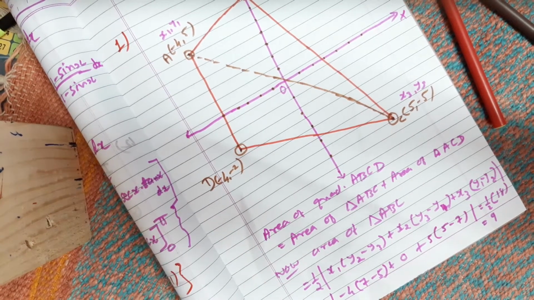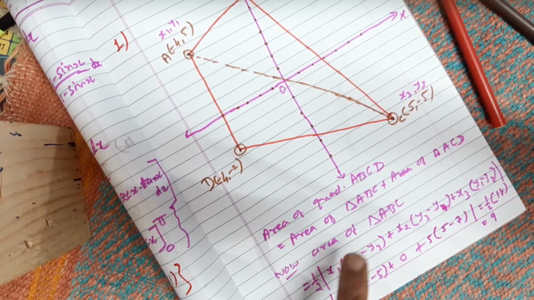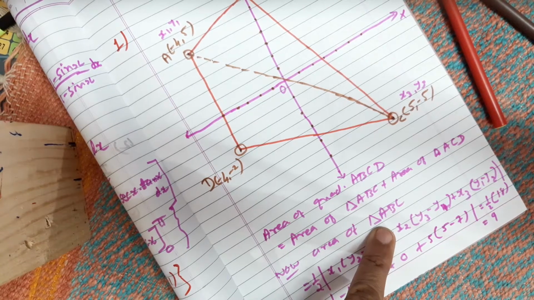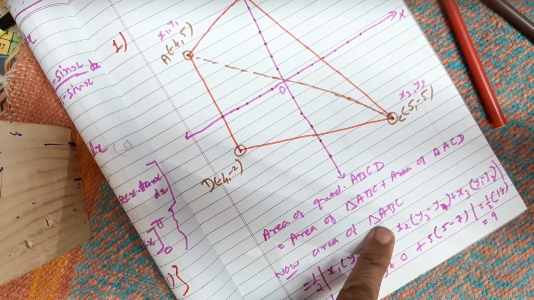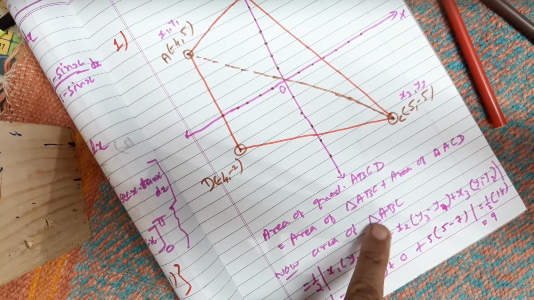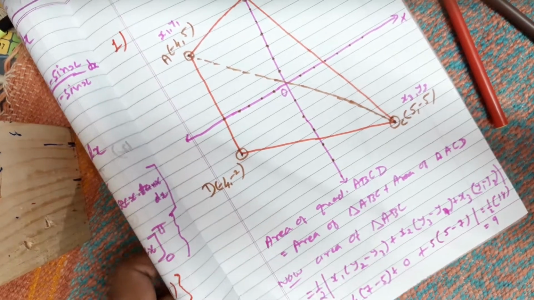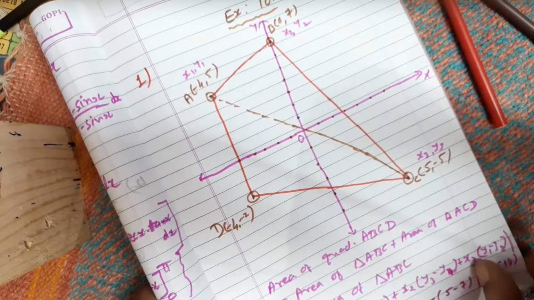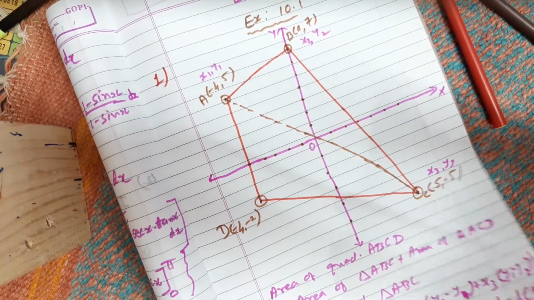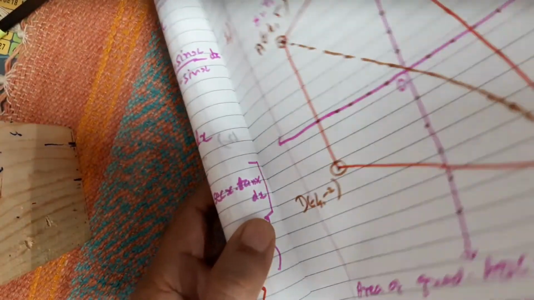Okay, so hope you understand this area of triangle ABC. Now the remaining part I am leaving for you children. In the same way you have to find the area of triangle ACD and then take the addition. Okay, so that part I am keeping for you. Hopefully you will be able to do it. Okay, right.